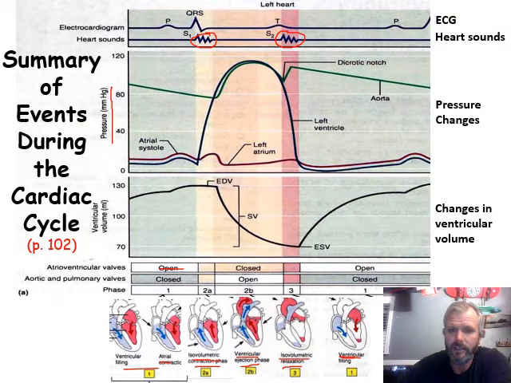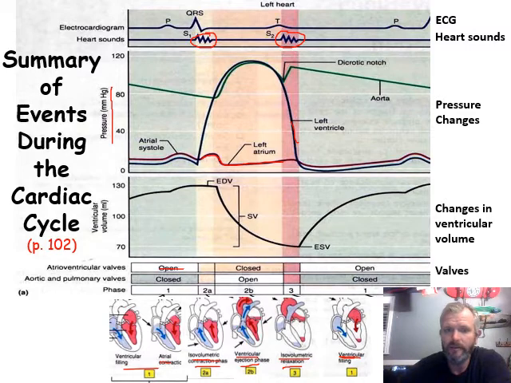The red is left atrial pressure, the blue is the left ventricular pressure, and the green is the aortic pressure.